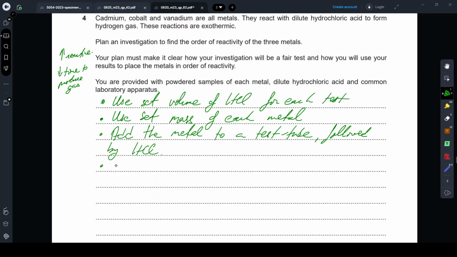You're going to put a rubber bung with a delivery tube into a gas syringe. You're going to connect a gas syringe to the test tube.